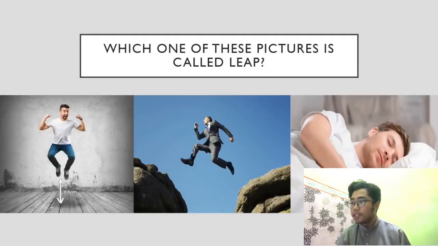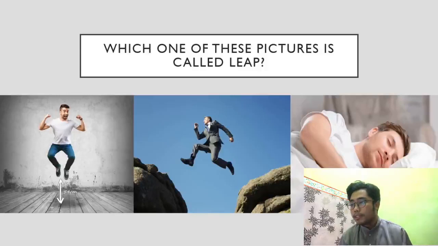Okay, which one of these pictures is called leap? Is it picture number 1? Is it picture number 2? Is it picture number 3? You tell me. Picture number 3 is a man sleeping. You know, sleep.